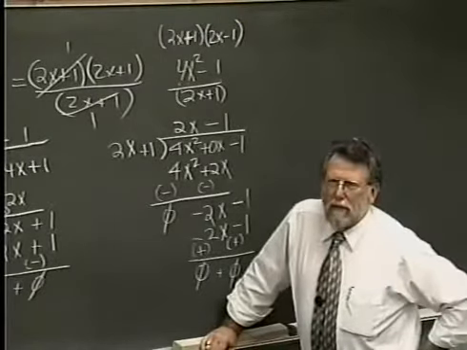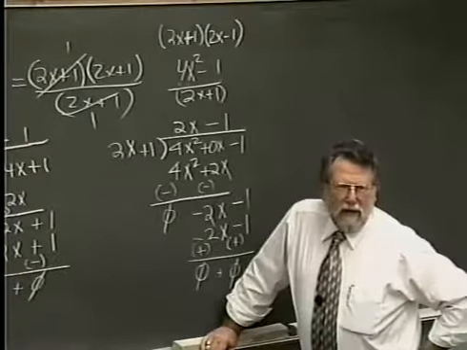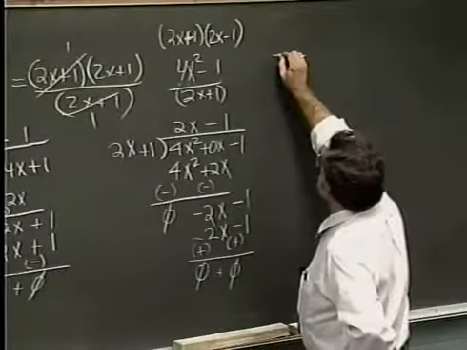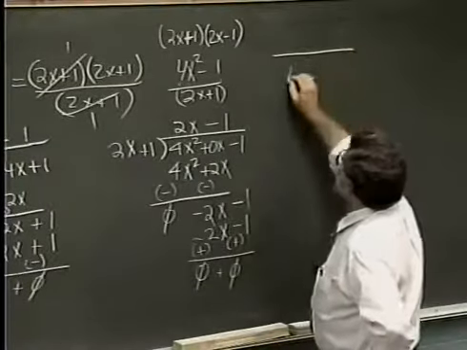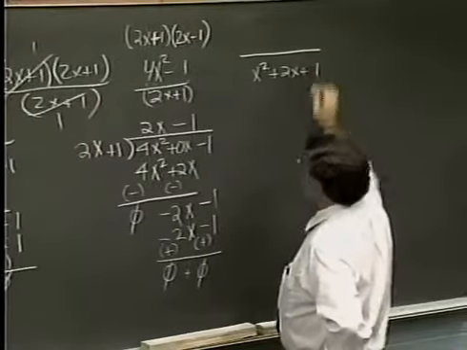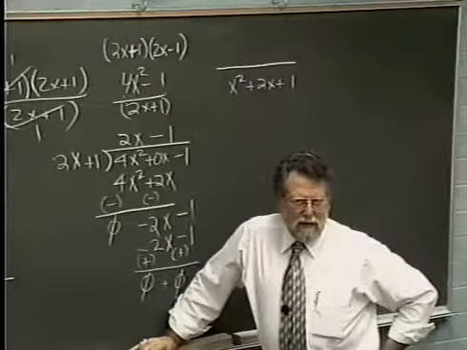New problem. Oh boy, am I going to make this one work here? I'm going to take, in the denominator, x squared plus 2x plus 1. So now I have a three-termed divisor.